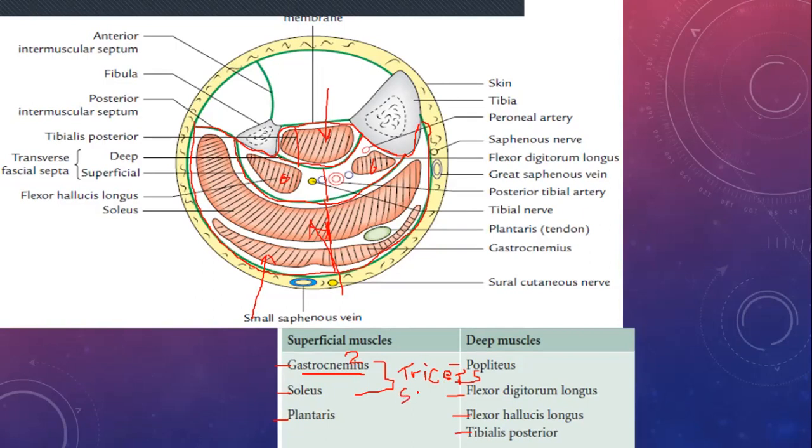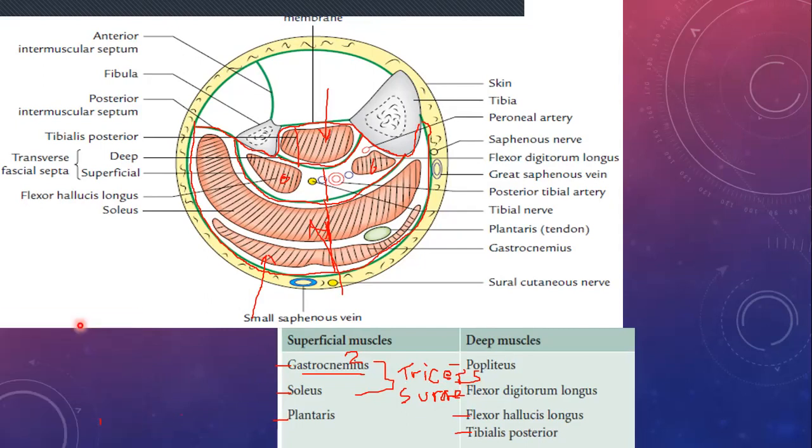They have a common tendon known as the calcaneal tendon, the largest tendon in the body, which inserts into the middle 1/3 of the posterior surface of calcaneus. So they have a common insertion. Let's look at that.